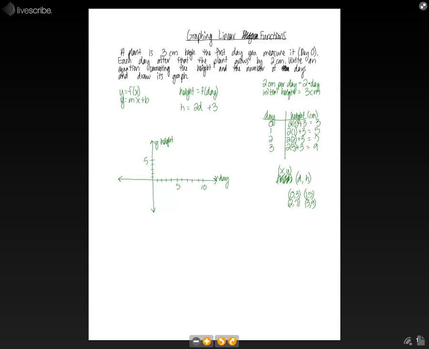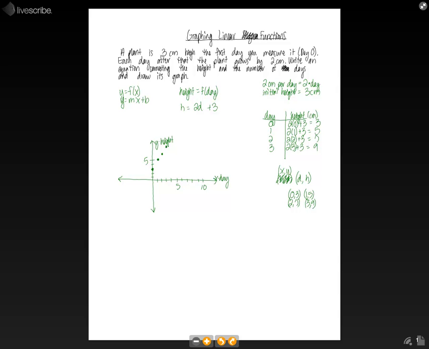Okay, so here is our graph, and so we have 0, 3, which will be right on the y-axis, that's day 0. And then 1, 5, it's day 1. Then we have 2, 7, which will be about here. And then we have 3, 9.